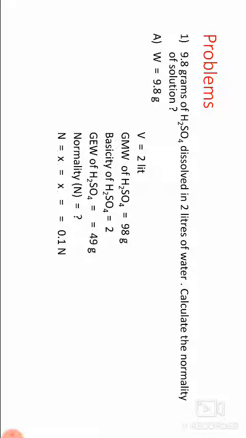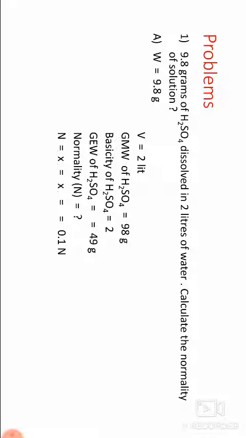Equivalent weight of an acid is the ratio of molecular weight to its basicity. Equivalent weight of acid equals molecular weight divided by basicity. Basicity is the number of displaceable hydrogen atoms present in an acid.